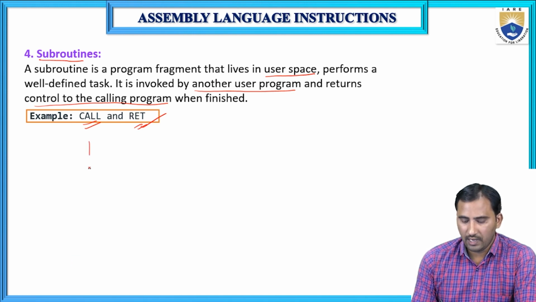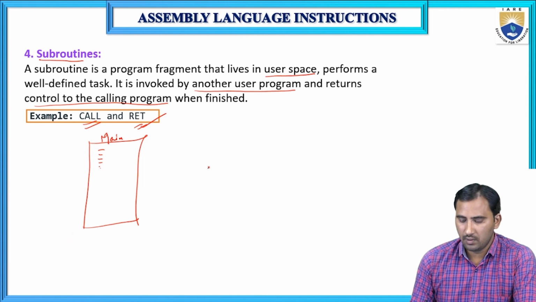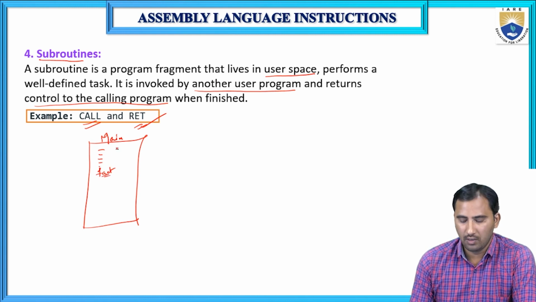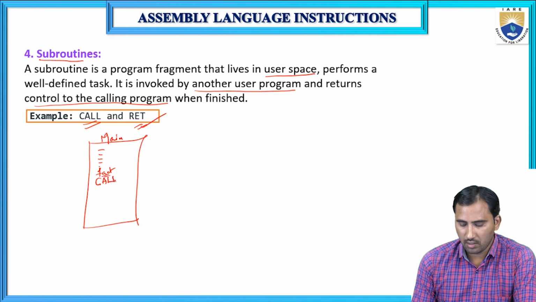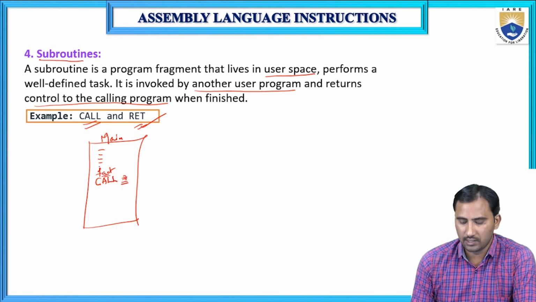That means we have a main program. Suppose we have a subroutine factorial. Here in this main program, we have a call, and some address will be there.